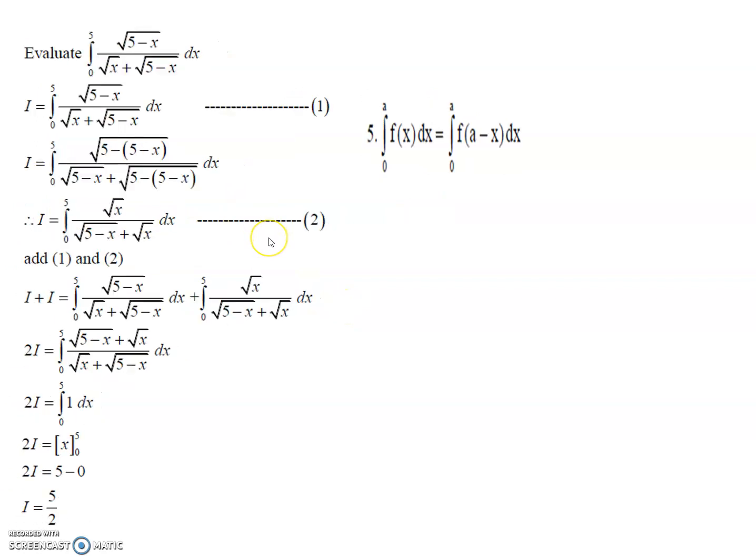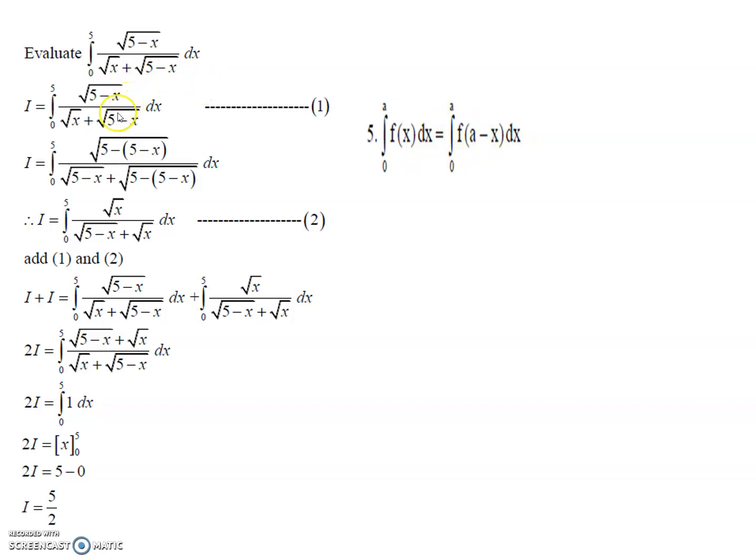Now, the same trick we have to follow. Here the lower limit is 0, the upper limit is 5. Is there a cube root? No, it is a square root. Root of 5 minus x upon root of x plus root of 5 minus x. We have to use the property that the integral from 0 to a of f of x dx is equal to the integral from 0 to a of f of (a minus x) dx.